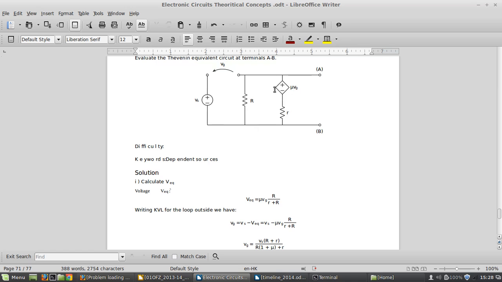So the current through R2 will be the total voltage, Vp, divided by R2, and plus this current, hFE times Ix for A, that is the value you can see here.